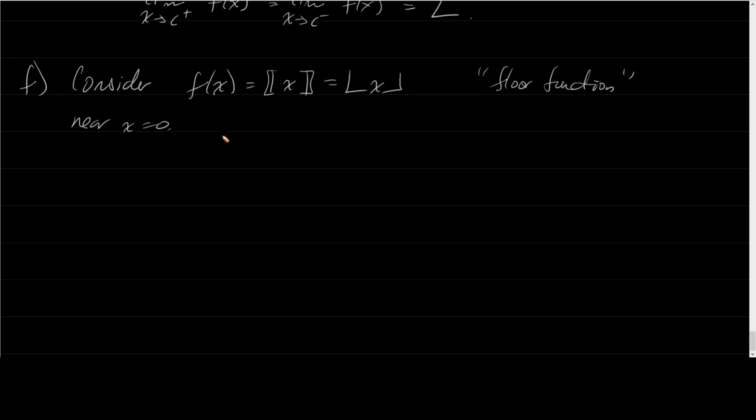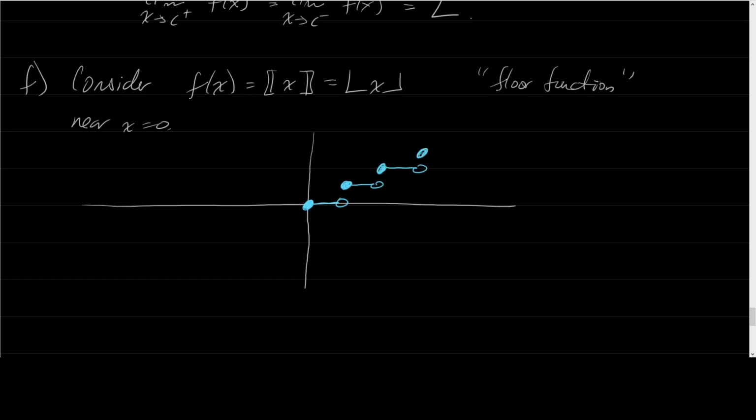So first, let me remind you what this function looks like. It's the floor function, so it looks like this: filled in there, open, filled in, open, filled in, so on and so forth. And it does that in both directions.